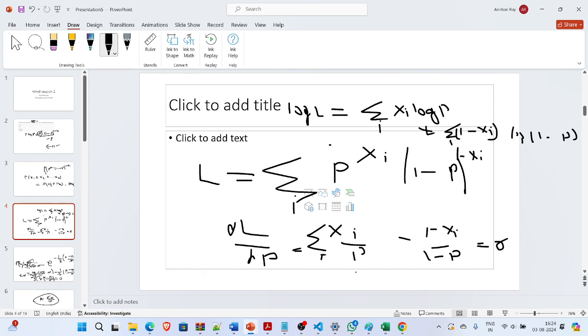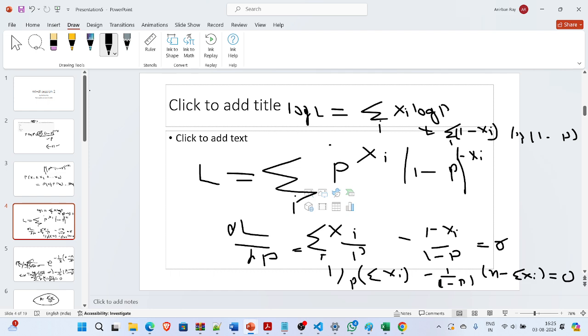So what you do next is, as you can understand, p is independent of the summation, so you take p out, this is what you get, and next 1 minus p is independent, so that also comes out, and summation over this is n minus summation over xi, equal to 0.